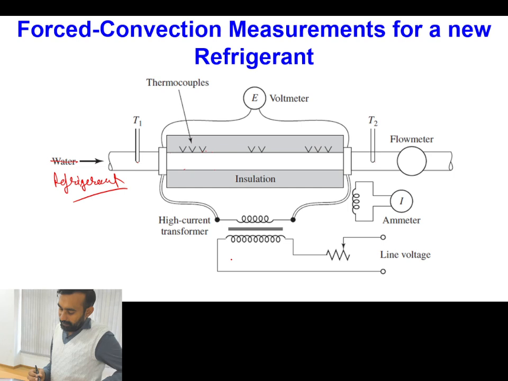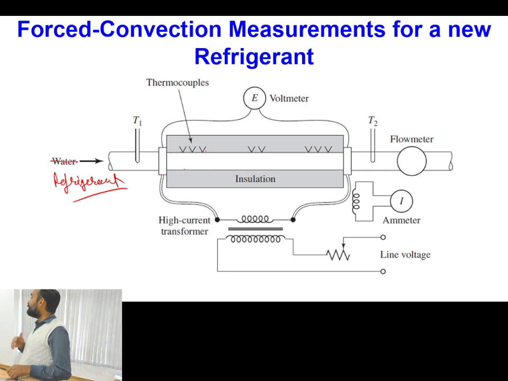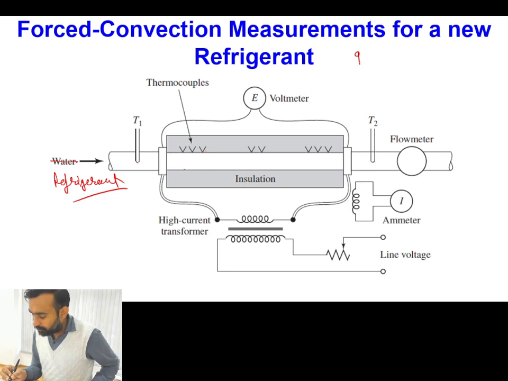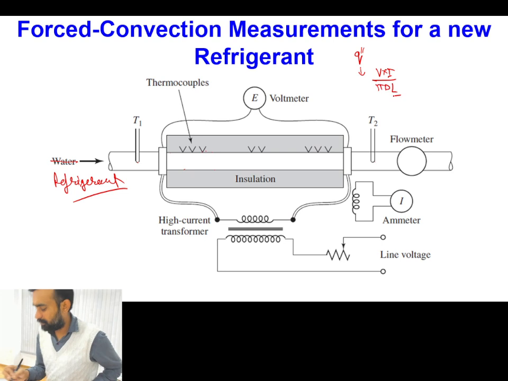Other than that, whatever heat we are supplying to the wall of the tube should not escape out to the environment. All the heat we are supplying over here should enter into the refrigerant, because whenever we are calculating heat flux, we will be calculating it by the formula V into I divided by area of the tube.